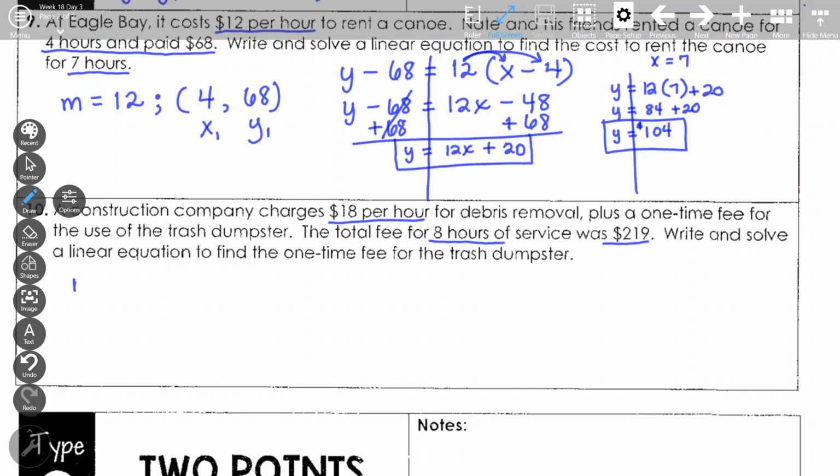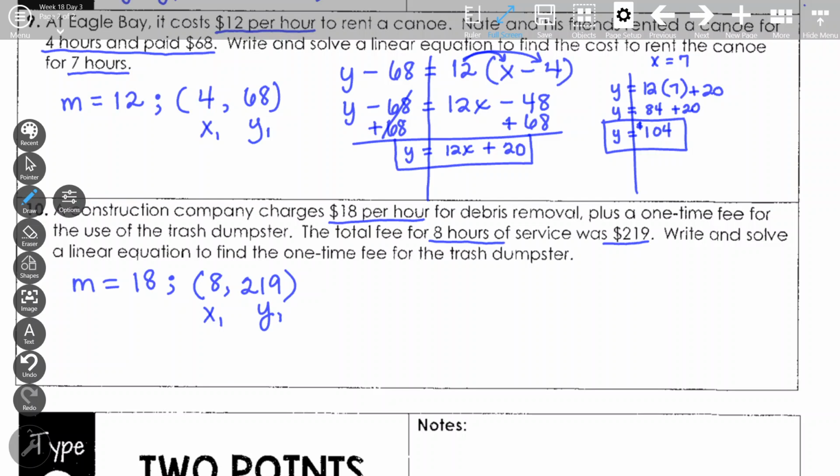Let's find our m, our rate of change. How much is it going to cost per hour? It's going to cost 18. That's our m. All right, now we've got to make a point out of the information they gave us. They said, okay, 8 hours of service was going to be $219. So 8 is our x sub 1. 219 is our y sub 1.